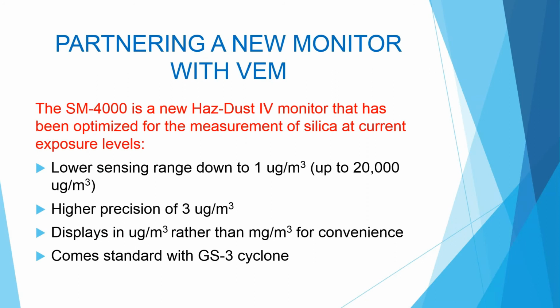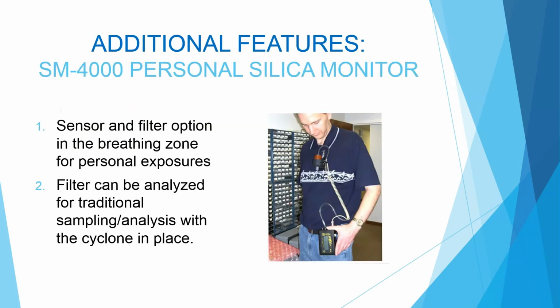Finally, the instrument is fitted with an SKC GS3 cyclone, so the instrument sensor only sees respirable dust. The reason it's used with the GS3 is that the manufacturer has an adapter to attach that device to the sensor. Like the standard HAZDUS4, this new SM4000 does the measurements in the breathing zone.